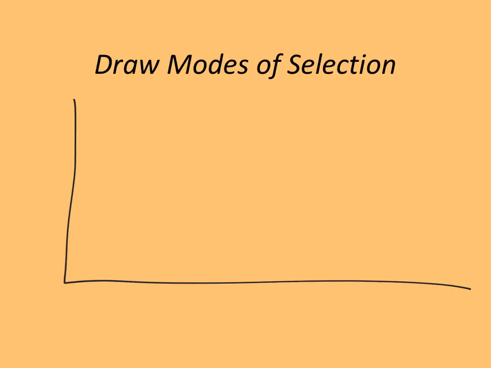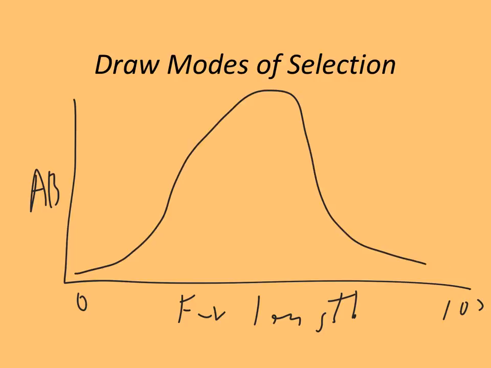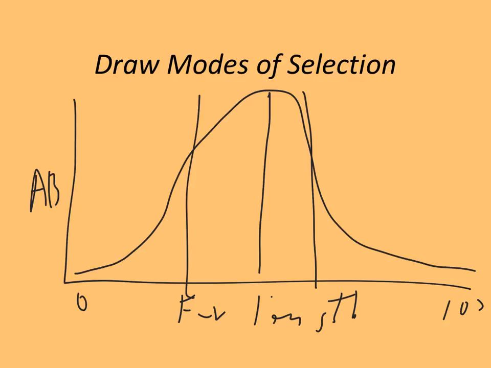We'll say fur length, 0 to 100, and abundance. In other words, the number of wolves. This is what the population looked like. Here's the mean, that's the average length. Most individuals in that population were right in the middle. There were more individuals of a certain length.